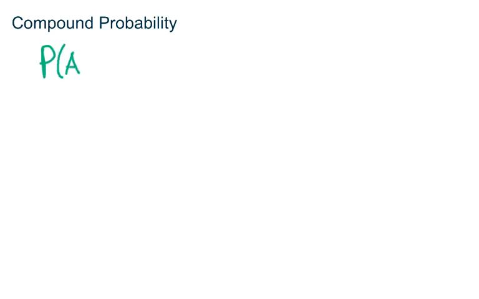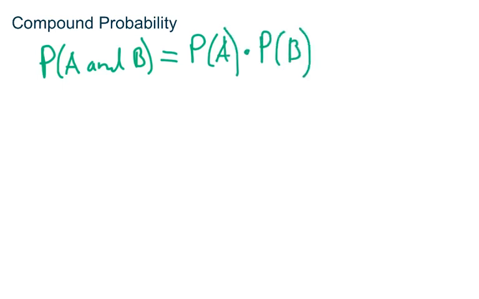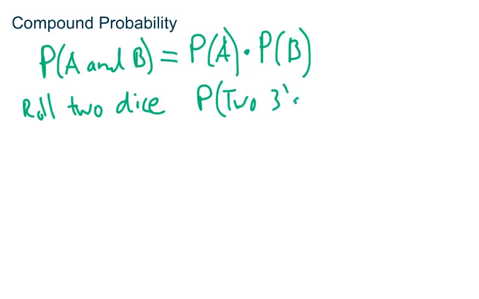The probability of A and B is going to equal the probability of A times the probability of B. For example, let's say that we're going to roll two dice, and we want the probability that we're going to get two 3s.